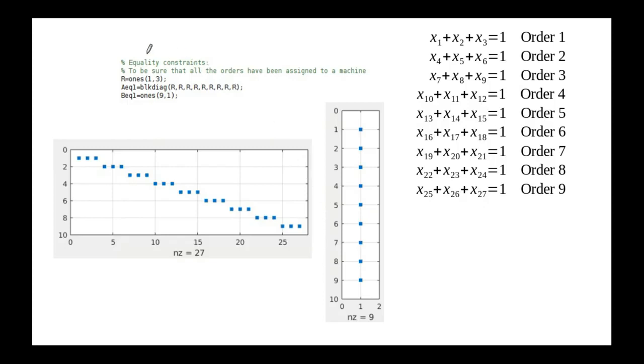So let's go now to the last type of constraints. Here we have equality constraints. These equality constraints deal with the fact that all the orders must be assigned to a single machine. So what about order number 1? This is order number 1 in machine number 1.